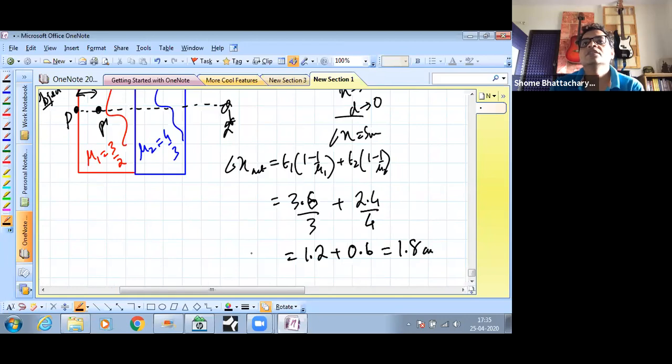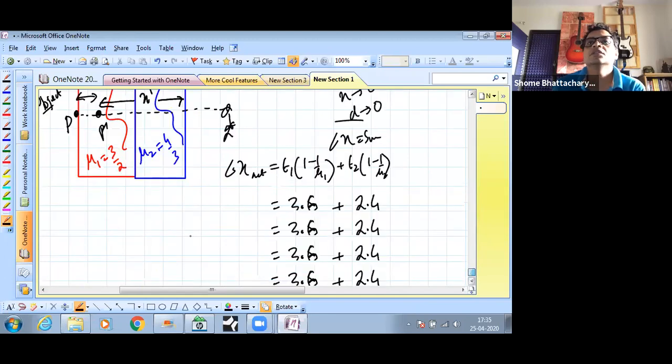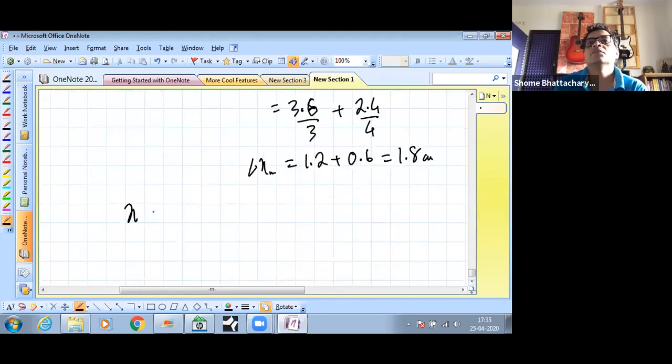So I know the shift is this much now. Then I can also calculate how much distance it is appearing to be. If this apparent depth is x prime, then x prime will just become the actual depth, which is 3.6 plus 2.4, minus delta x. So you can see that x prime will become the actual depth minus the shift.